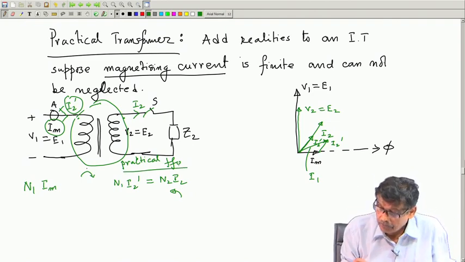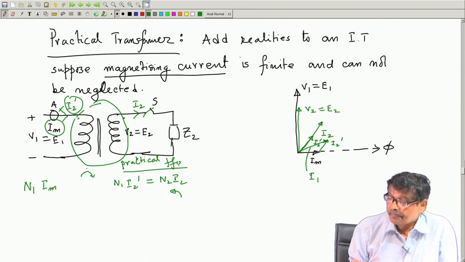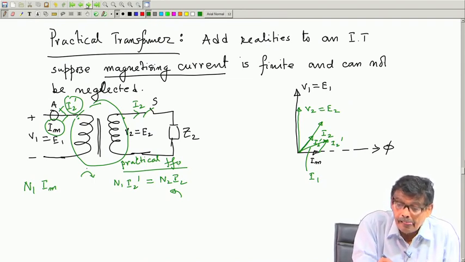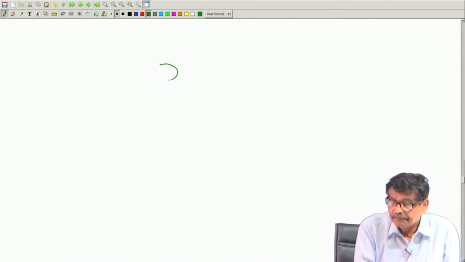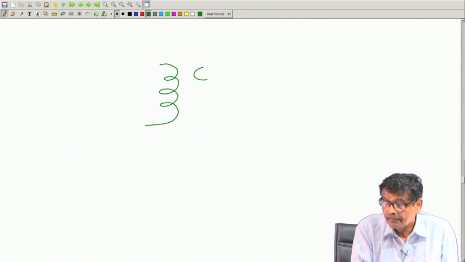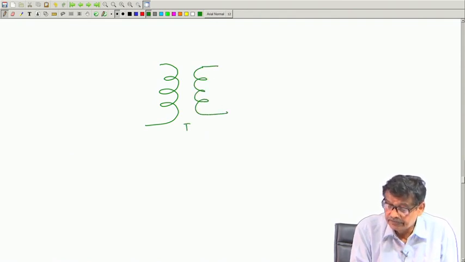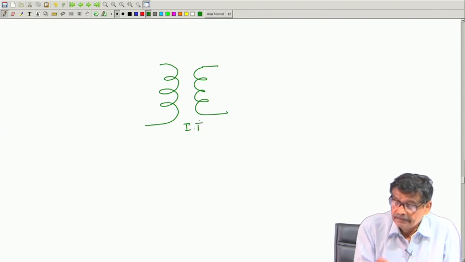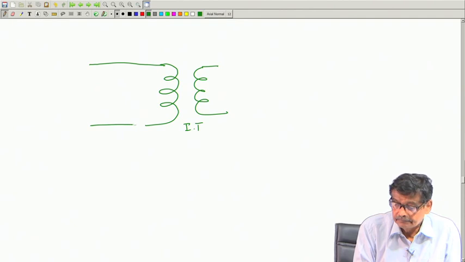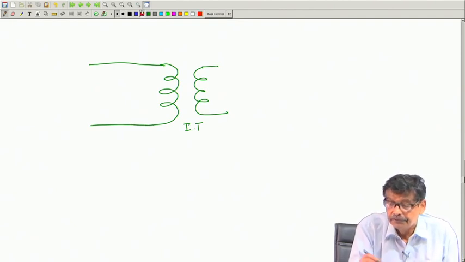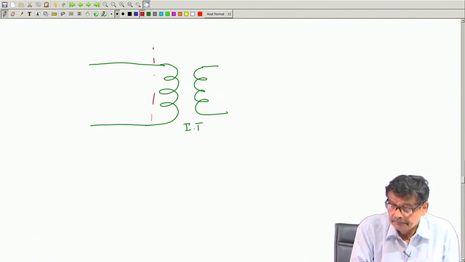What I will do now, I will say consider this is an ideal transformer, I will tell. I will put a dotted mark around it.